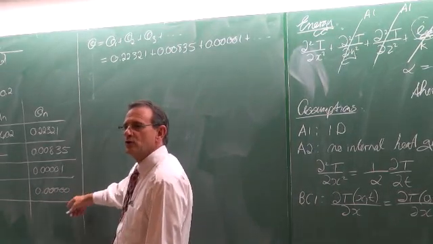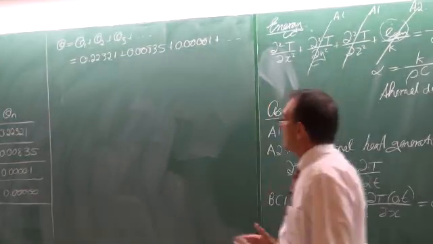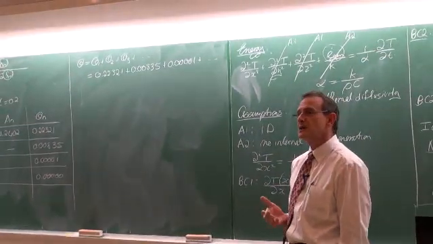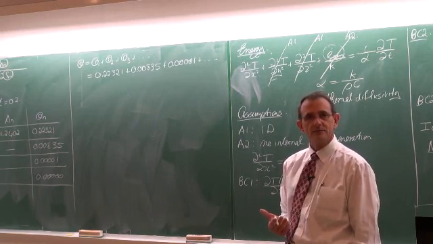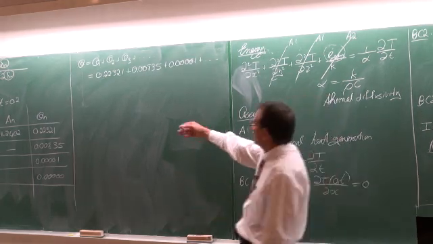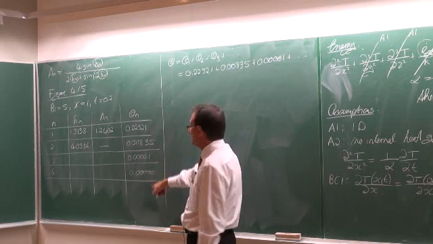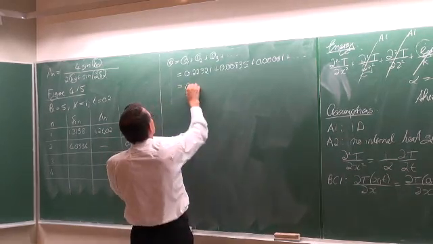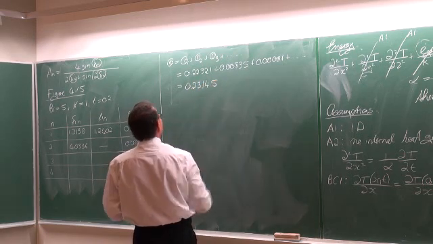Obviously, if you go and work it out with a computer, you will get maybe a 6th or a 7th or 8th digit. But what is important to see from the solution is that theta, fortunately, is becoming smaller and smaller very quickly. You see that? If we go and add it all together, it is equal to 0.23145.